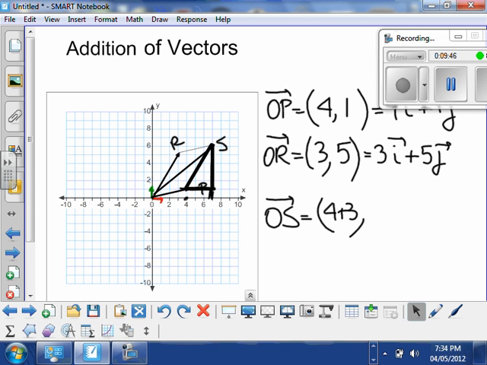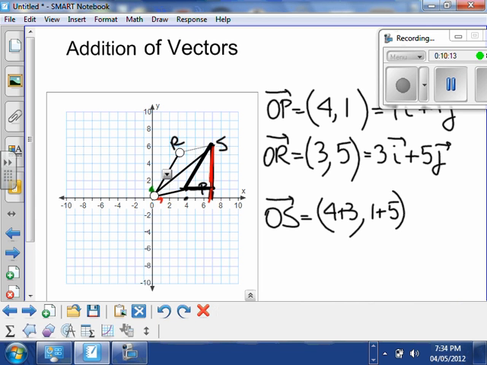Let's move the triangle where I want it. There you go. Here is nothing else but the y coordinate of R, which was 5, right? So the y coordinate of point S is 1, this one over here, plus this 5 over here. 1 plus 5.